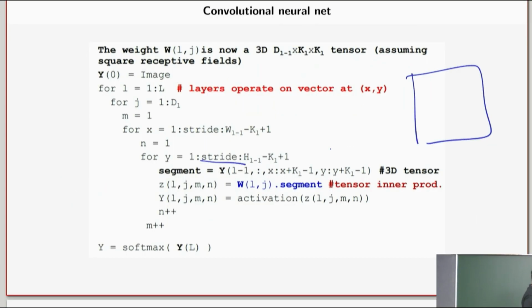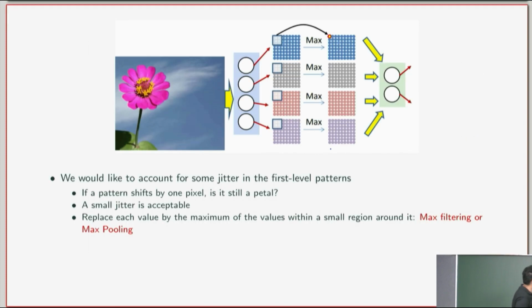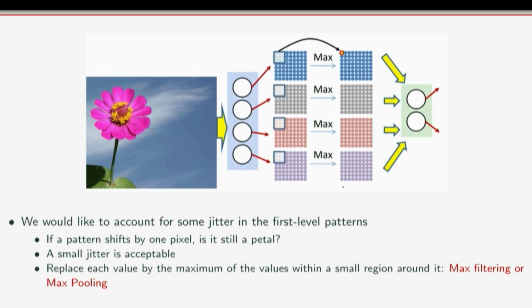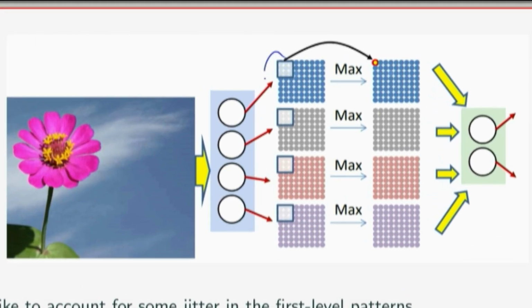Another modification in CNN is something called pooling. Sometimes we call it max pooling, and sometimes we also go for mean pooling. What we do in this case is that after the convolution output, we look for the maximum entry.